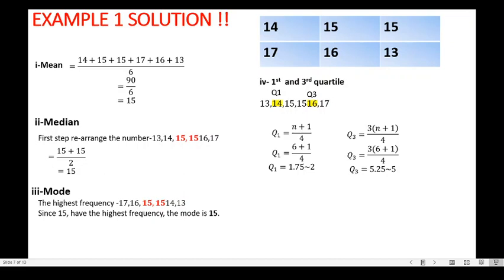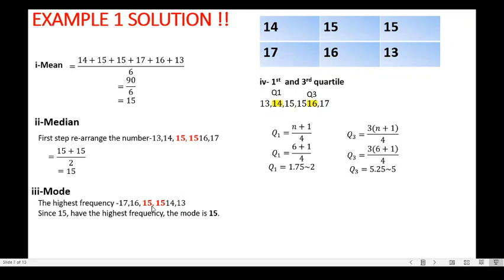How about mode? Mode is the highest frequency, the most common value based on the data. Like this question, as we know, there are two numbers that are similar, which is 15. The rest only have one data.